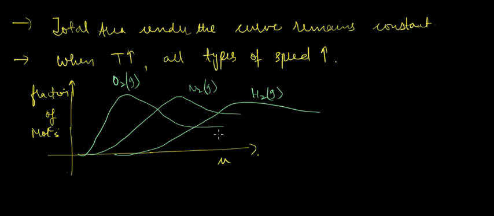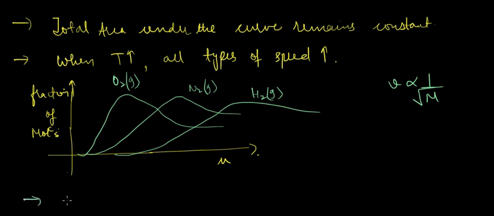The average, the most probable, or the RMS speed for hydrogen would be highest in all the cases. Why? Because velocity is inversely proportional to root of molar mass. So this explains the reason why this is the nature of the three curves.